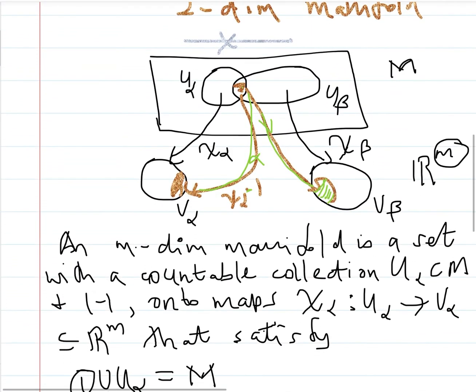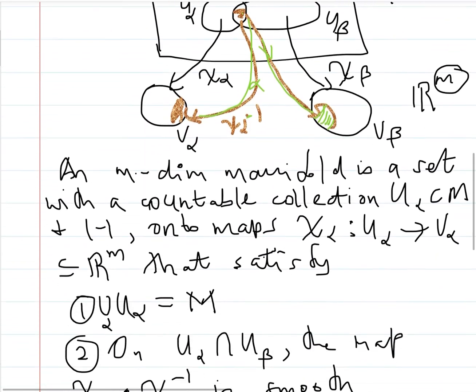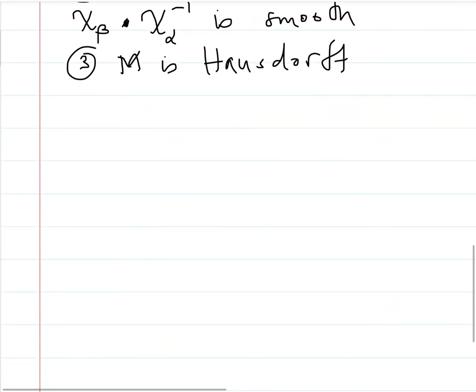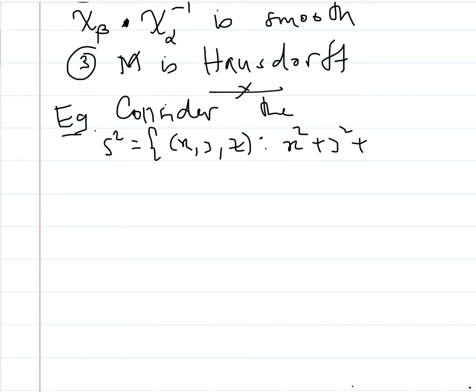Now, in the context of this definition, we will revisit the sphere example. In other words, we need to set up the maps and so on. This is not always the easiest thing to do, but let's now consider the set S2, which is the set of points x, y, z, for which x squared plus y squared plus z squared equals 1.